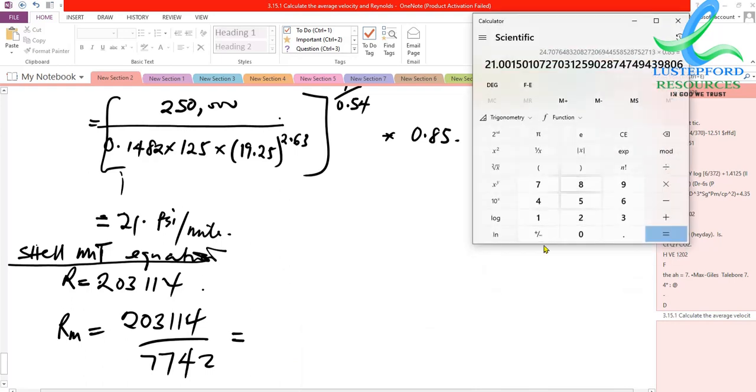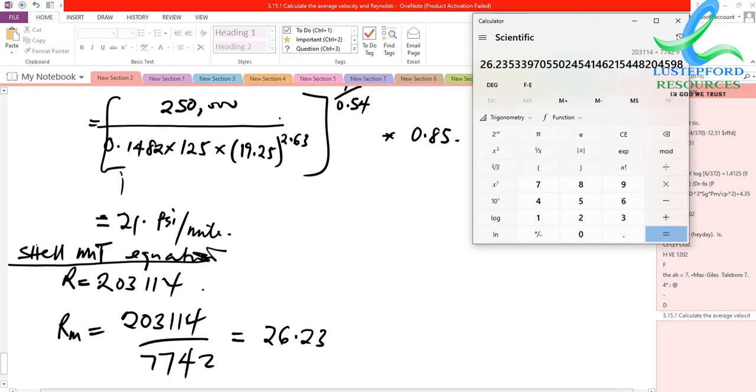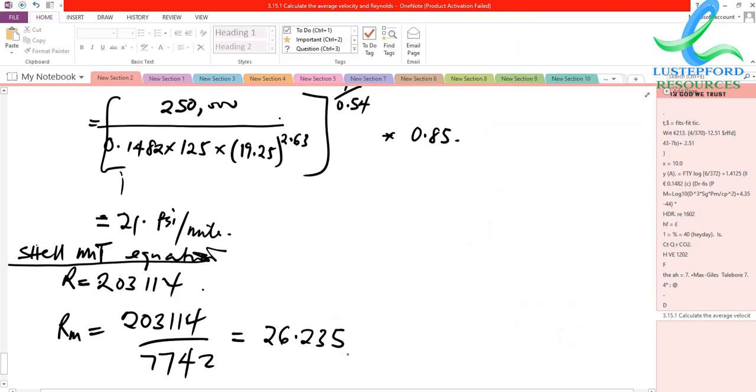So we have 26.23235. This is the modified Reynolds number.